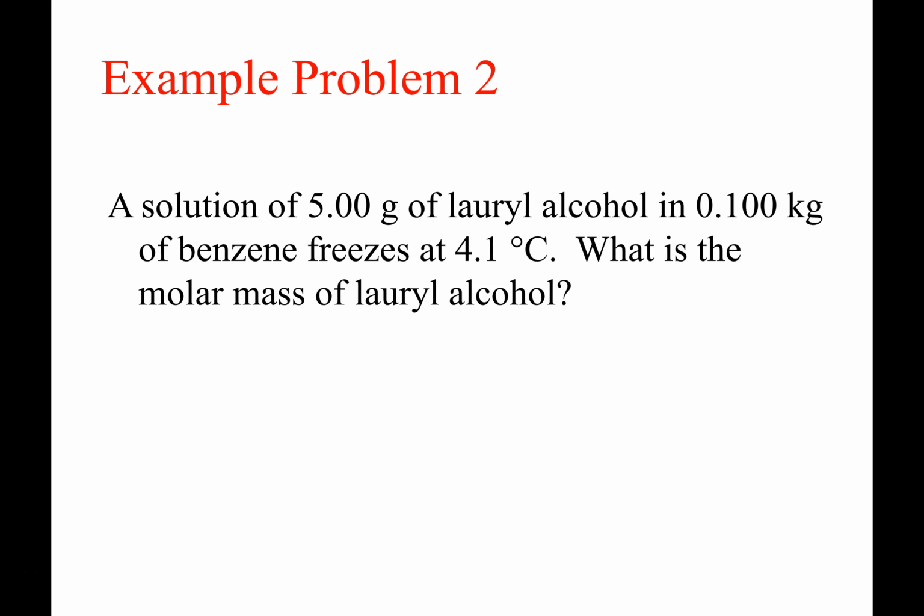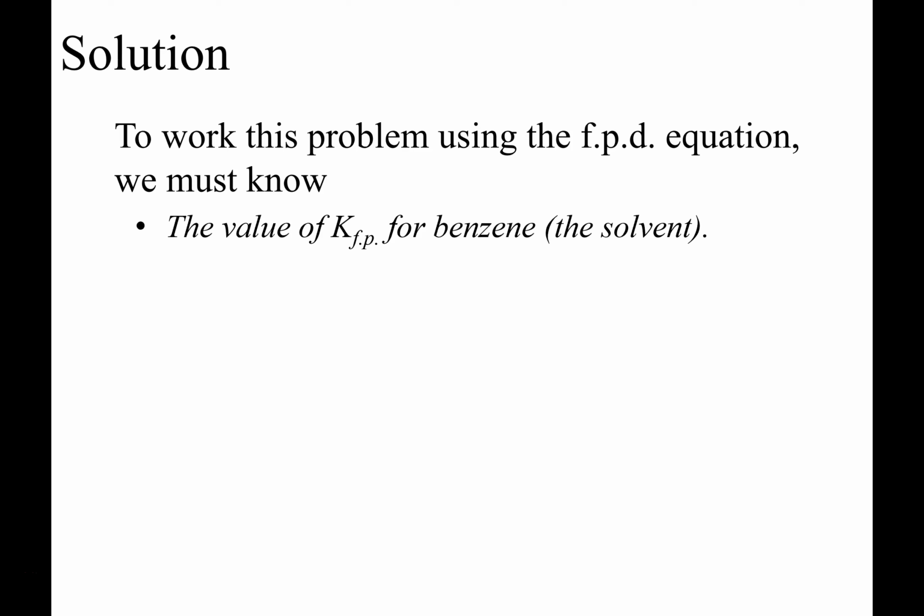Well, if you don't know where to begin, start by comparing these two and come up with a delta T FP, and then know that that's your KFP times the molality of your solute. That's basically what we're gonna do. We have to be given the freezing point depression constant for benzene.